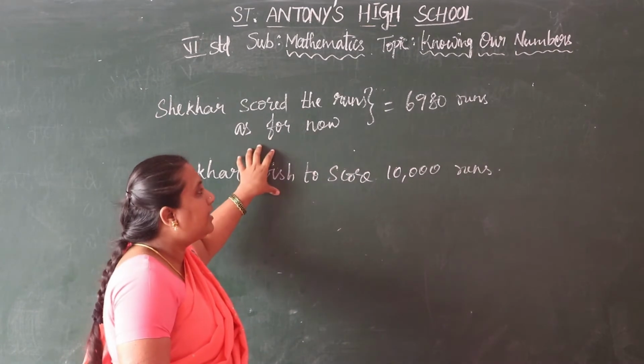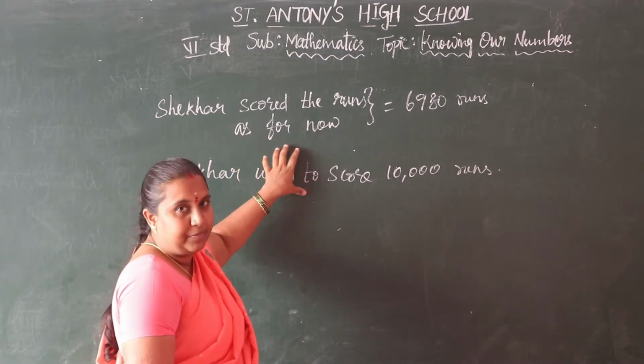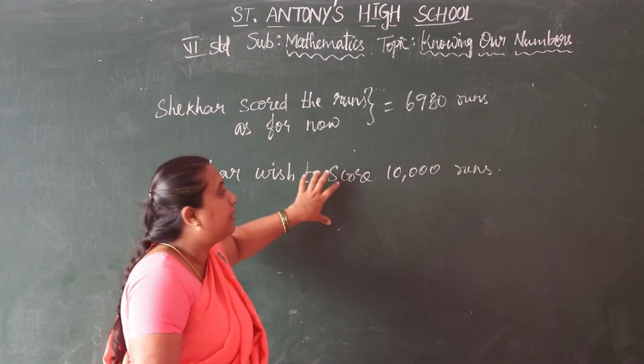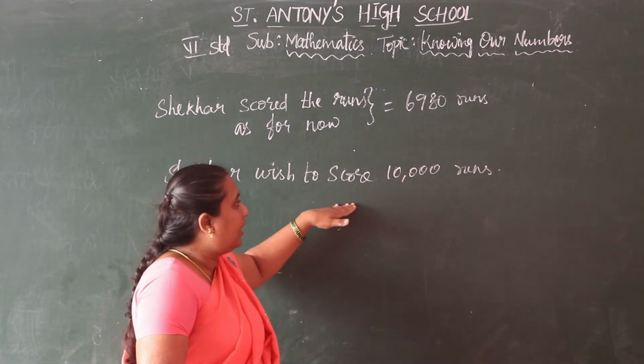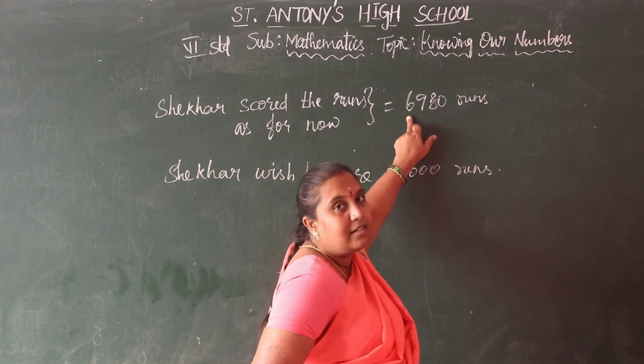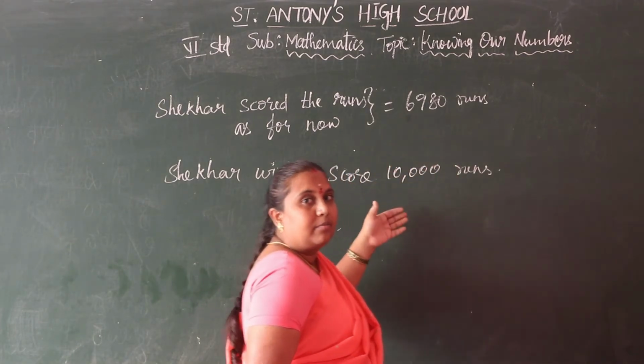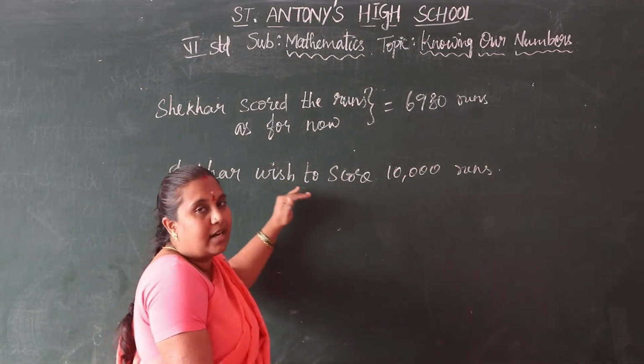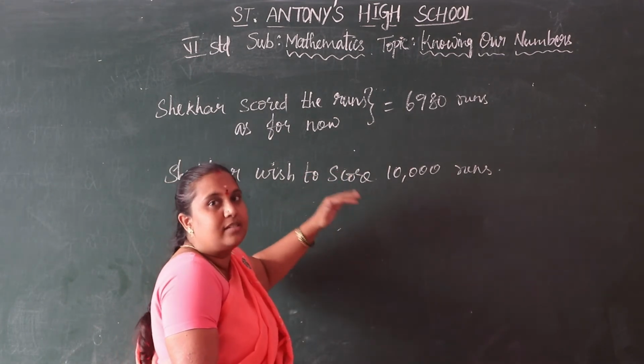We want to subtract, to find the difference between these two. Which is bigger? 10,000 runs. From this we want to subtract 6,980, that is the required runs to reach this goal.